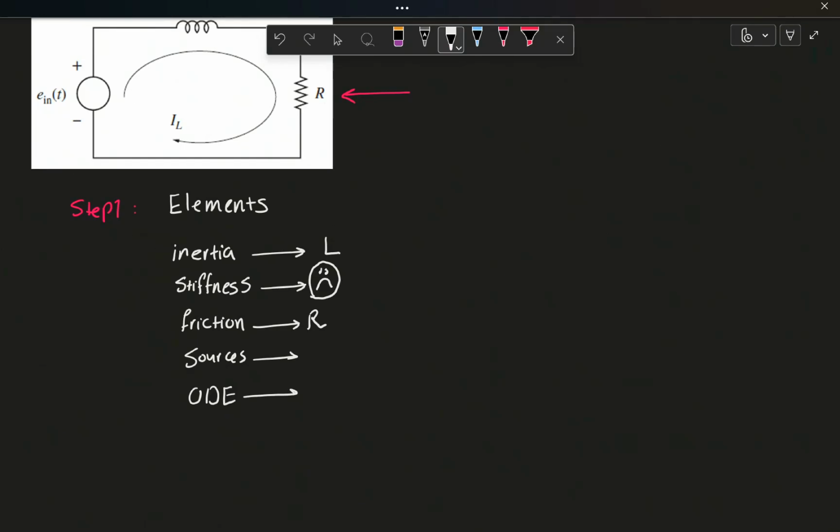The source in this system is only one source, and that's the source voltage, which I have here as the battery, and I'm going to show it with EN. At last, it's going to be the number of ODEs. The number of ODEs in electrical systems is mandated by the number of energy storing elements. What are the energy storing elements in these systems?